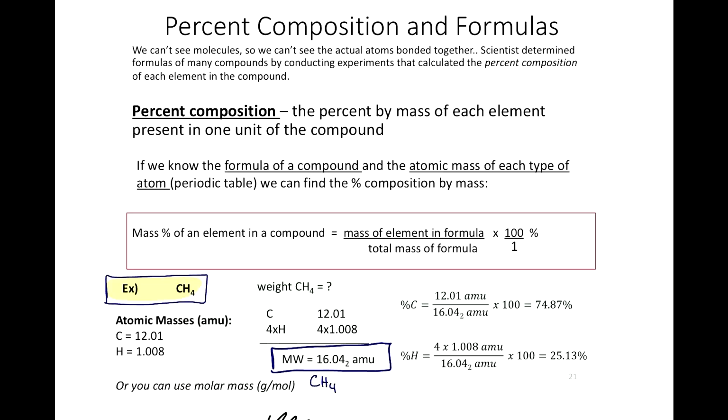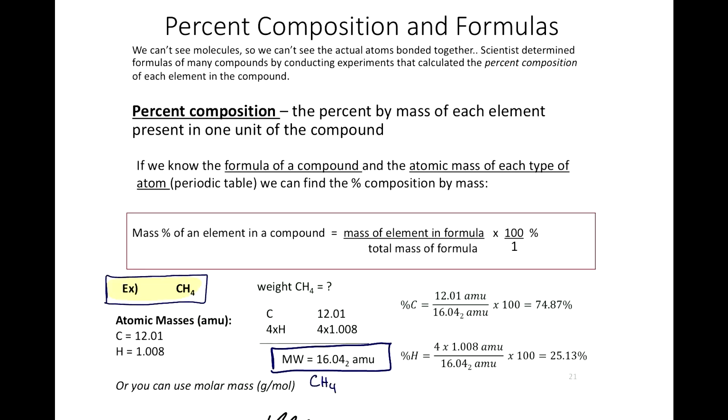You could do that work yourself in calculating that, yes, CH4 weighs 16.04 AMU or 16.04 grams per mole. That 2 subscript, I'm just keeping some sig figs. I'm trying to tell you, hey, that 2 is not part of the sig figs value that I will report, but I want to keep them in my entire calculation. All right, that's the mass of the whole thing.